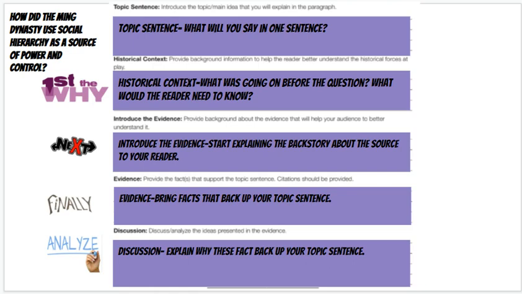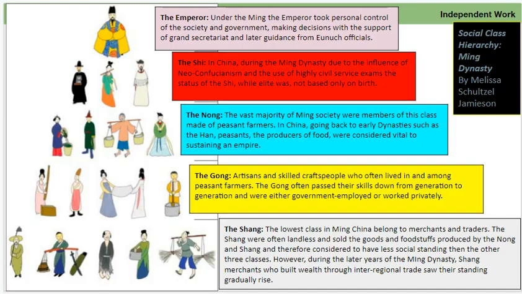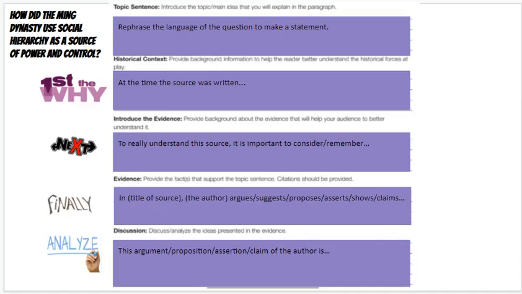Now, speaking of how you're going to say it, let's say you go back to the social class hierarchy. I guess we'll call it a diagram on how the hierarchy worked, or image, however you want to call it. Now, how do you say that? What words should you use? So how are we going to say how the Ming Dynasty used social hierarchy as a source of power and control?